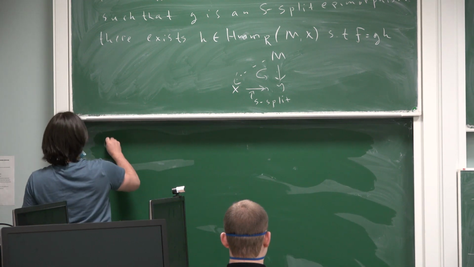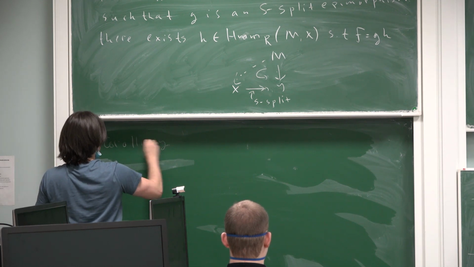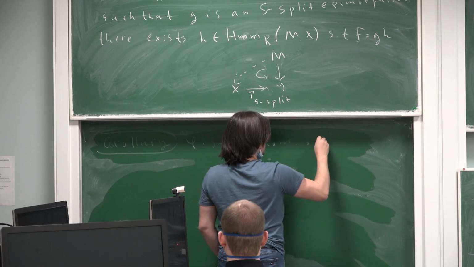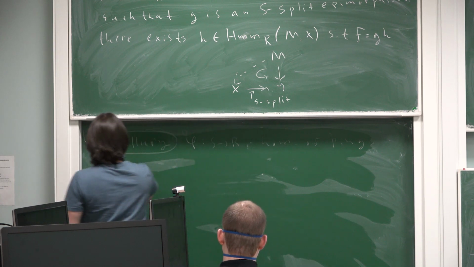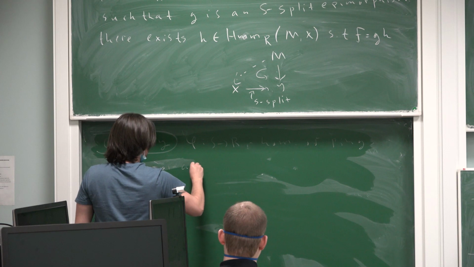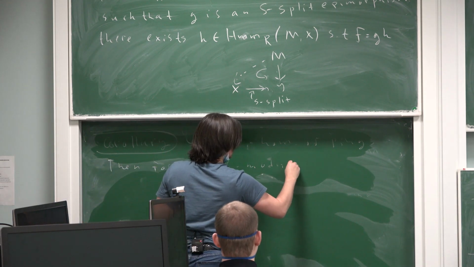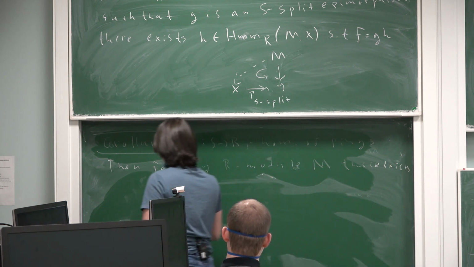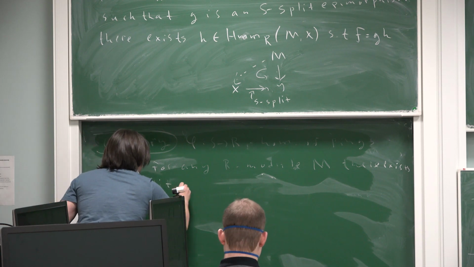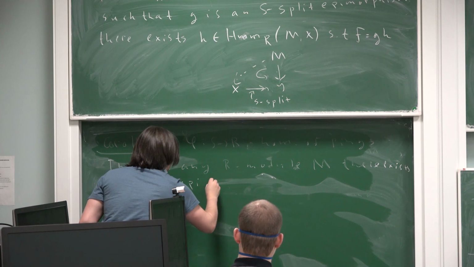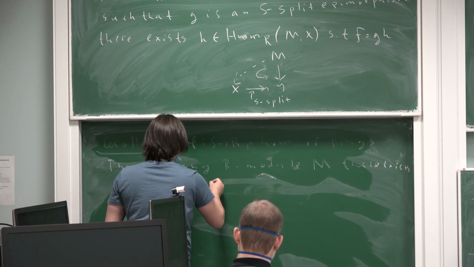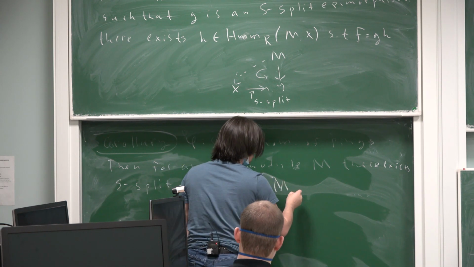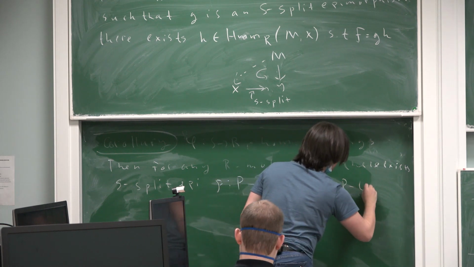In particular, we have shown that for any R module M, there exists a split epimorphism rho from P to M with P phi projective.